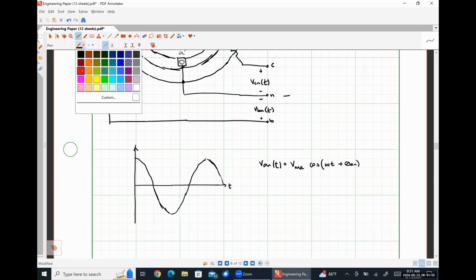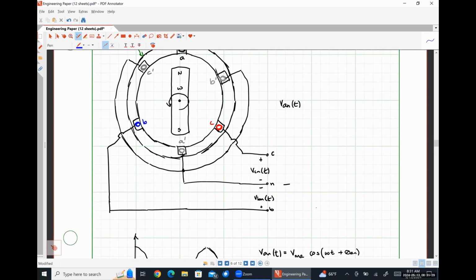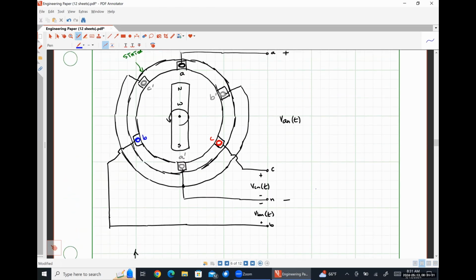Now, based on the direction that my rotor is spinning, so if we start out with our magnet pointed directly up so that the flux passing through coil A is at its maximum, with our magnet spinning in a counterclockwise direction like we have indicated, the next coil that it's going to see is the B phase, right?